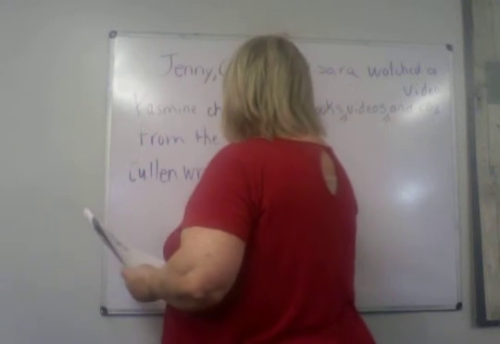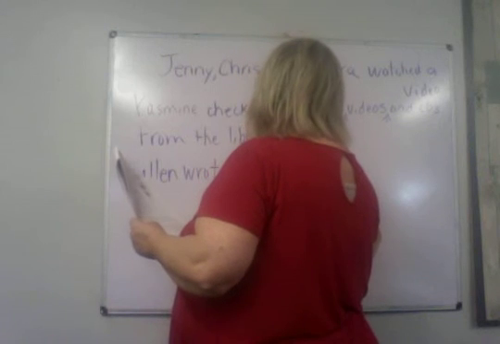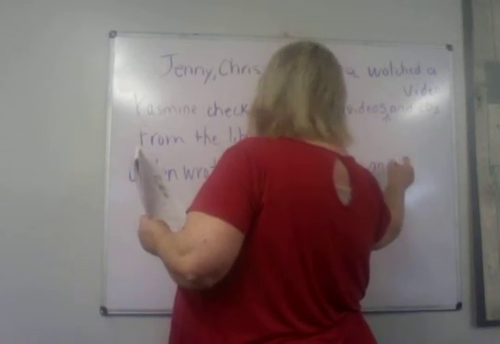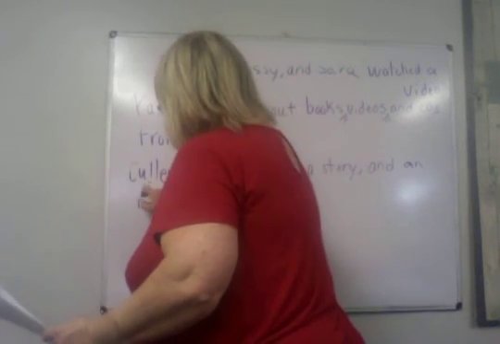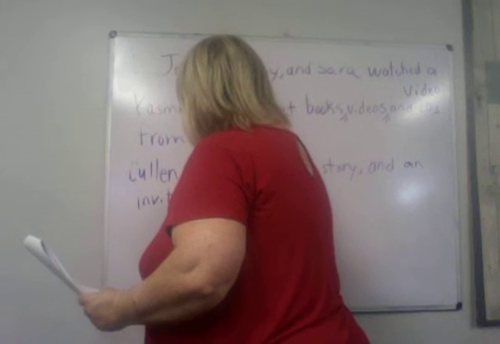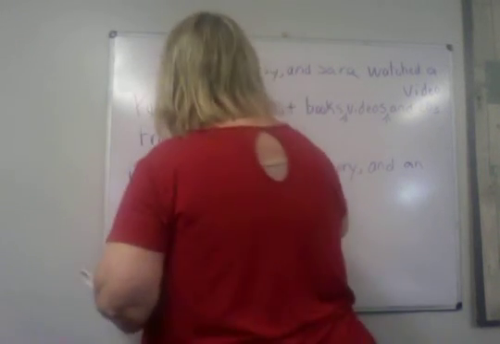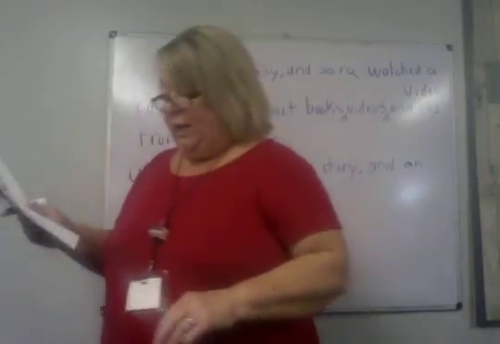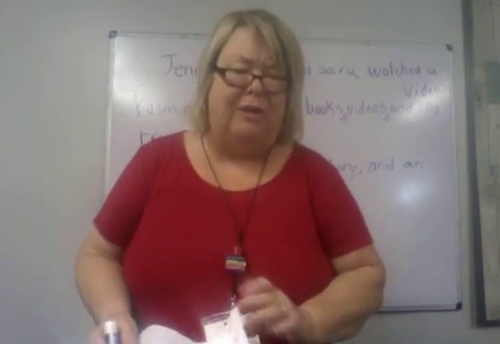Cullen wrote a letter, comma, a story, comma, and an invitation. Period. Don't forget your periods. So there is where the comma should go. And you'll do the same thing on number 12. Wendy used black markers. Wendy used blue markers. Wendy used red markers.